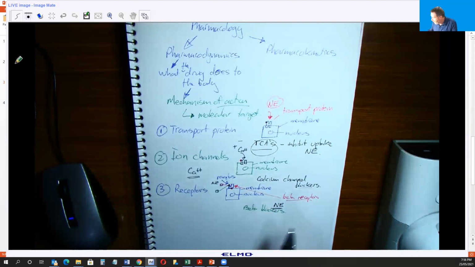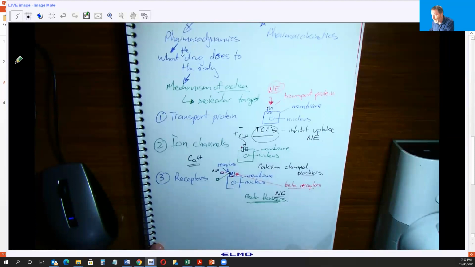These are called beta blocker classes of drugs, and their molecular target is the beta receptor on the surface of cells. What beta blockers do is prevent norepinephrine from binding to the beta receptor and causing an effect.